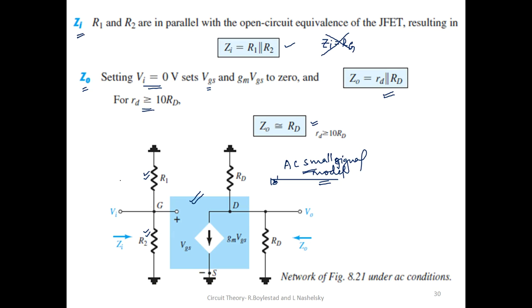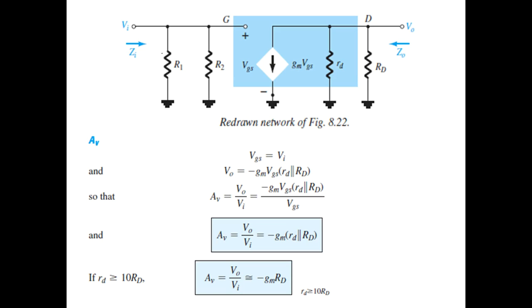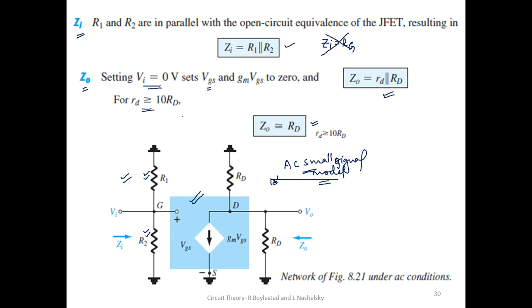Please understand, this circuit and the circuit mentioned in this particular slide are the same. Sometimes you may feel that here both of them appear to be in series. No, they are in parallel, right? Because we are considering R1 parallel to R2 with respect to the node at the gate.